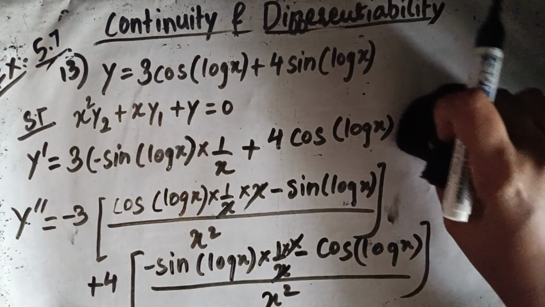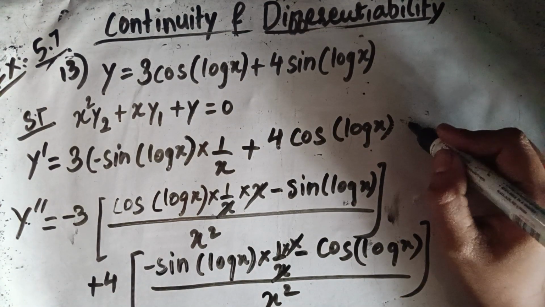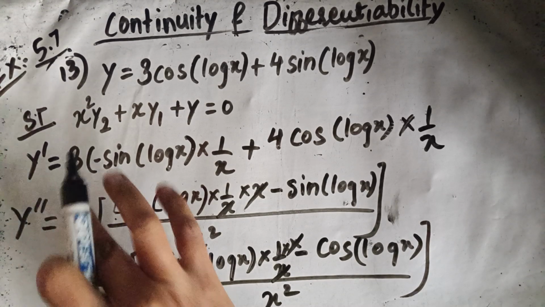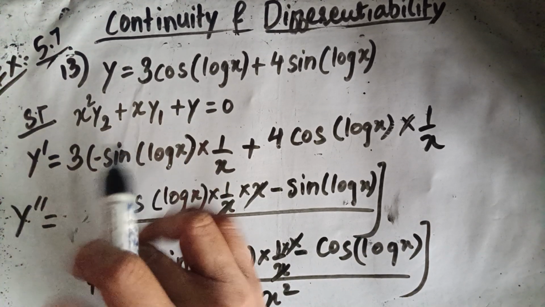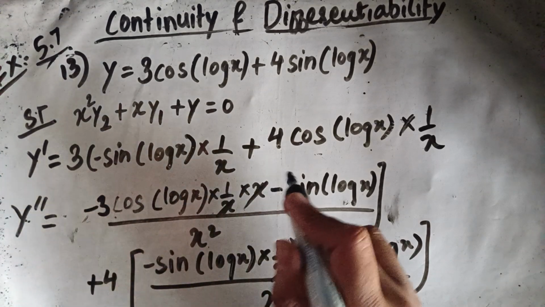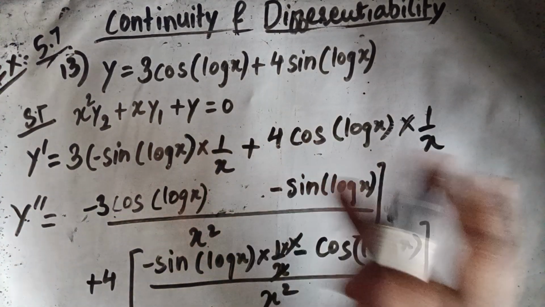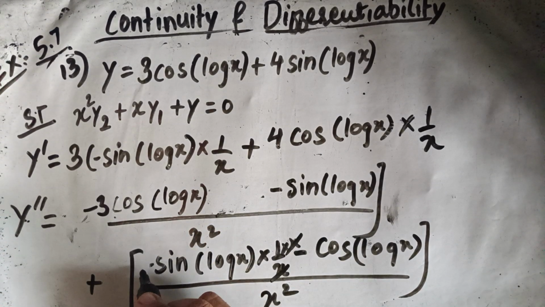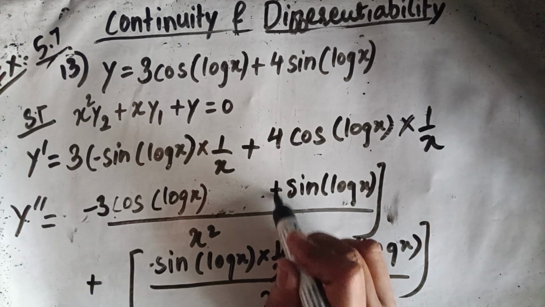So we are getting, I'll write it. We have to substitute this thing here. So I'll write this as, this will be whole divided by x square. Minus 3 cos log x minus sin log x minus 4. The whole minus was outside, so this will be plus.